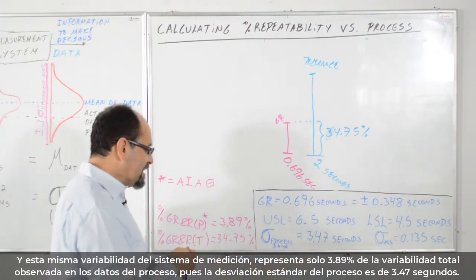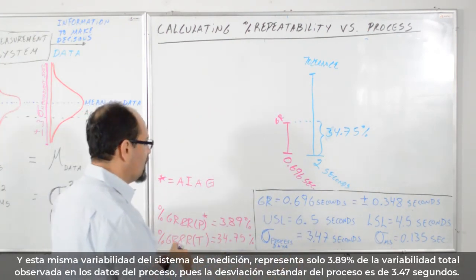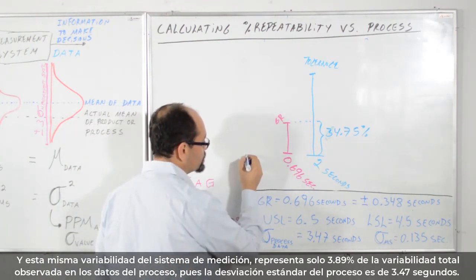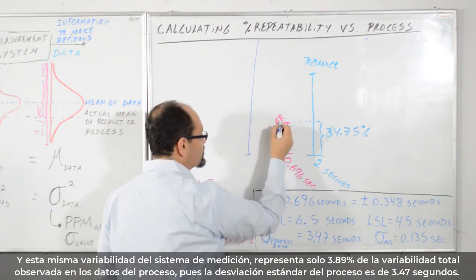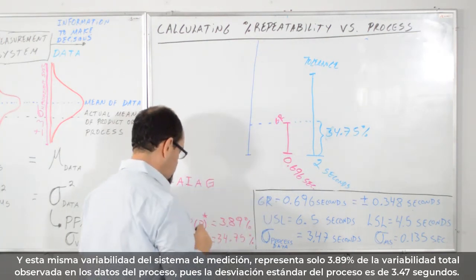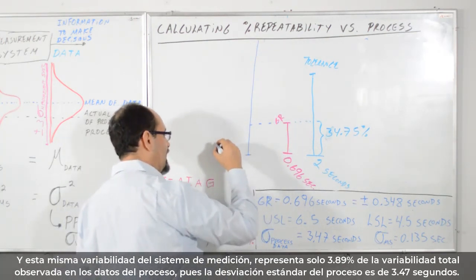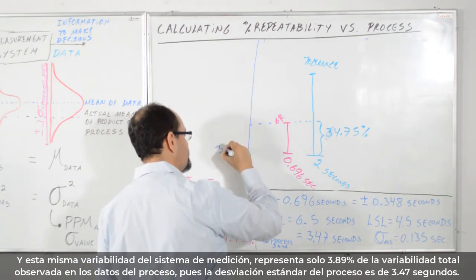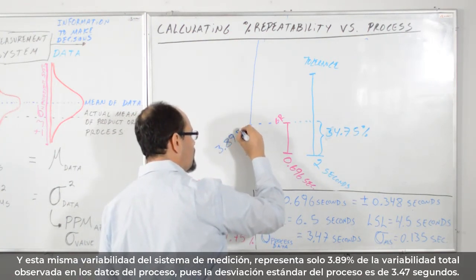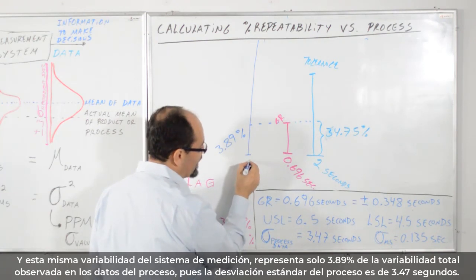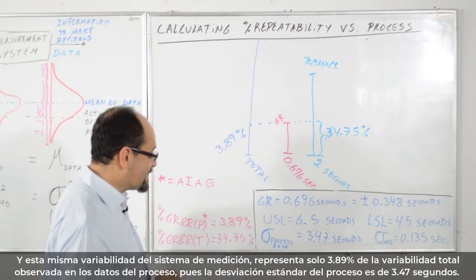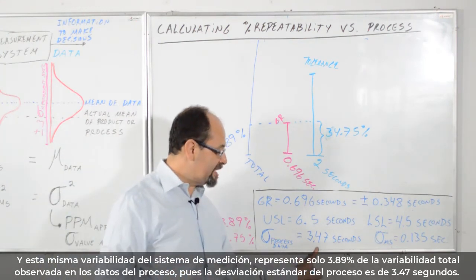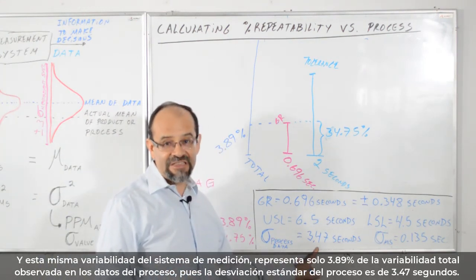And that same variability of the measurement system is representing only 3.89% of the total variability that we are having. That is because the standard deviation of the process is 3.47 seconds.